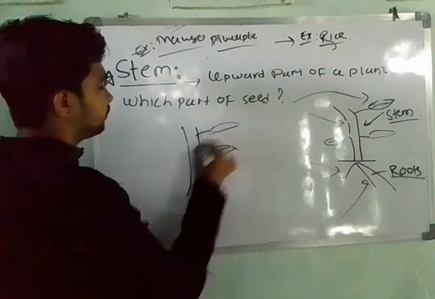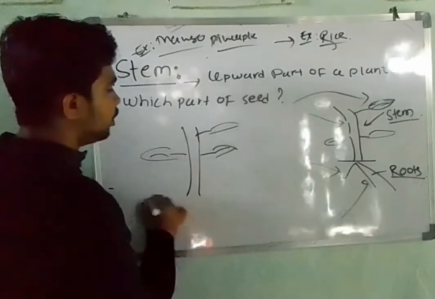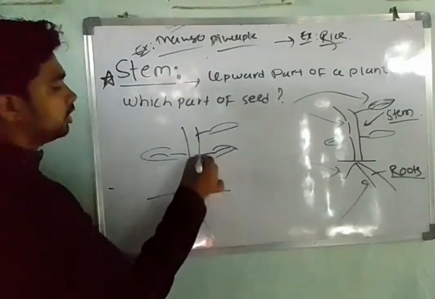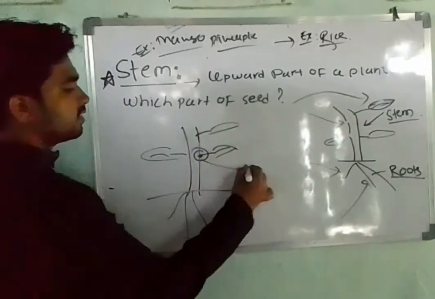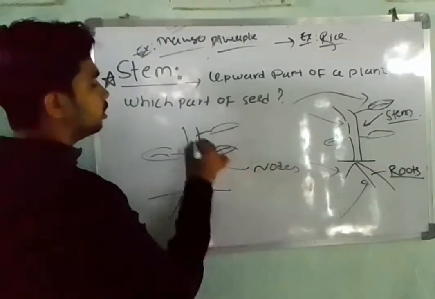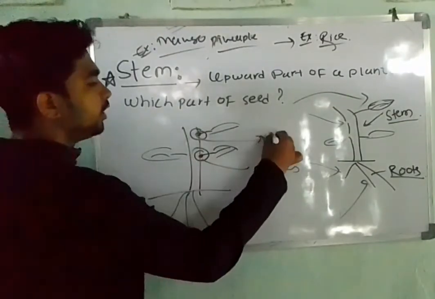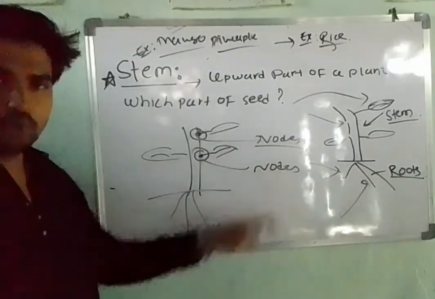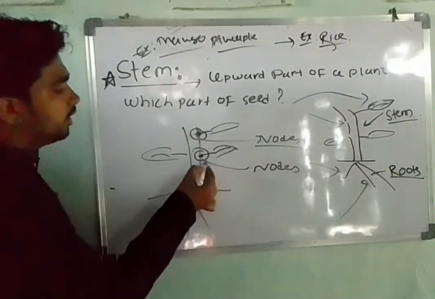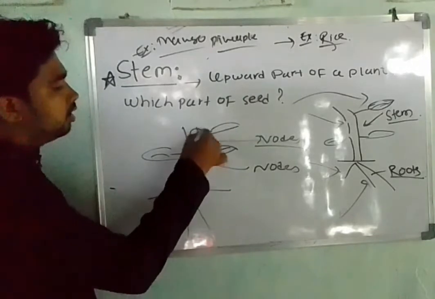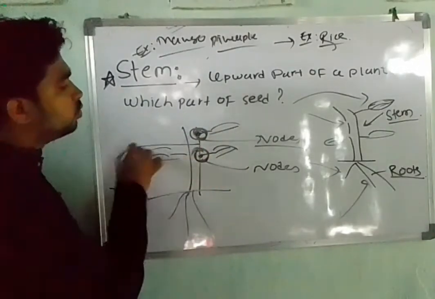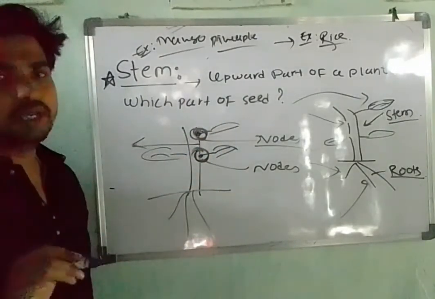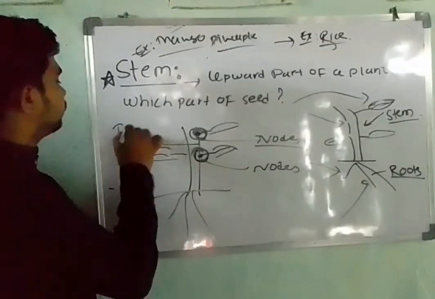On the stem there are parts which originate the leaves. Those parts which originate the leaves or the branches are known as the nodes, and the part between two nodes is known as the internode.